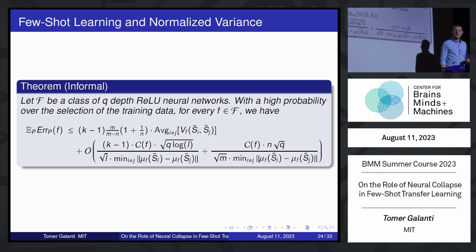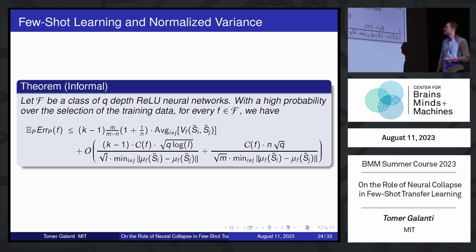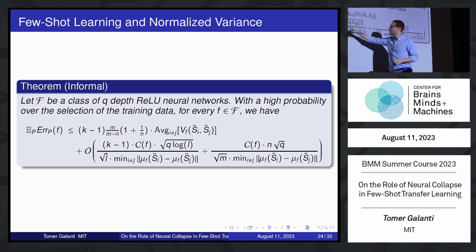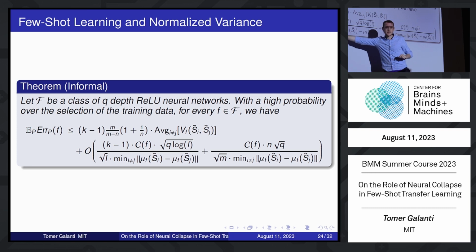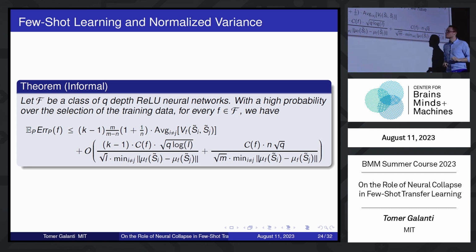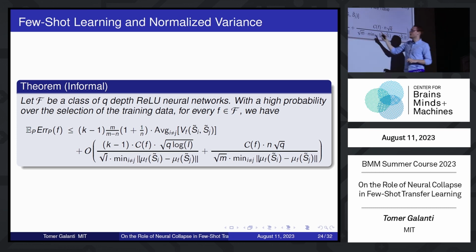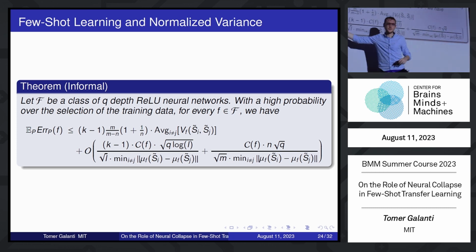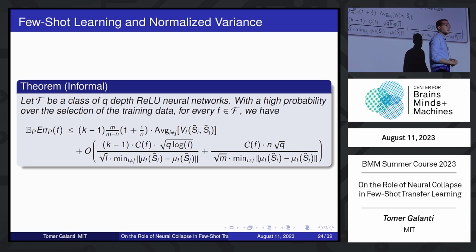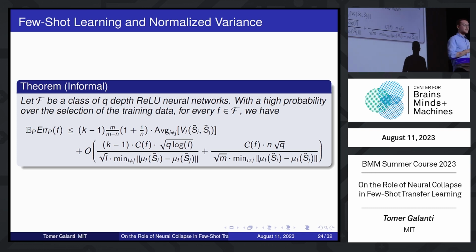Okay? So essentially, if the model's complexity is not too bad, and I see many source classes and many training samples per class, then if I have neural collapse, I generalize to new tasks with few samples, okay? With a constant number of samples.